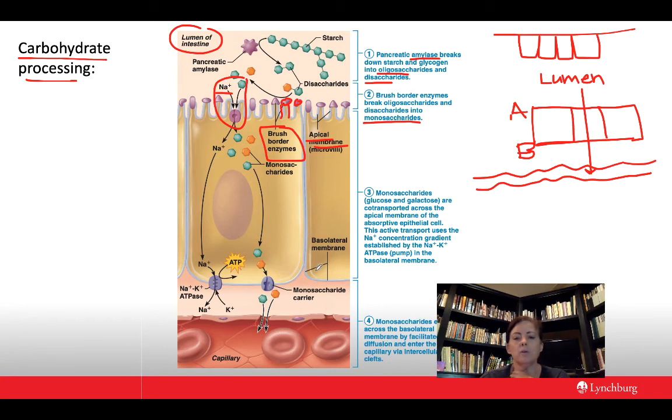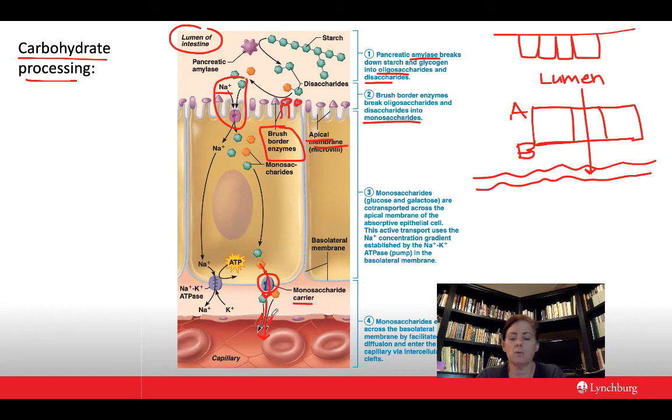And so those monosaccharides are actually going to travel through facilitated diffusion, through a carrier, a membrane-bound protein carrier that's specific to those monosaccharides, through that basolateral membrane, and then they're going to come right on into the capillary, because as we know, capillaries are porous, and we have different types of capillaries, and what we see in the digestive tract are going to be increasingly porous capillary beds that help with absorption.